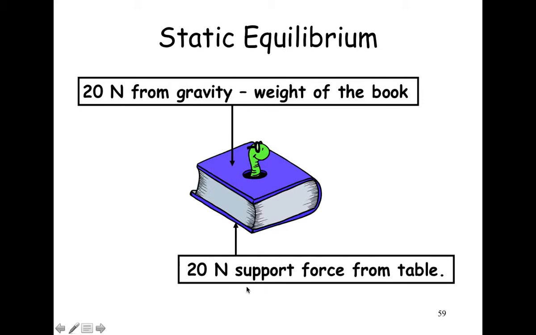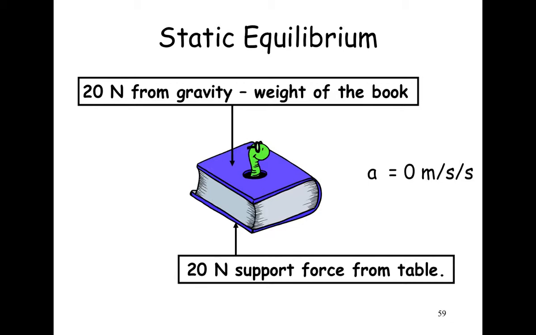But if it's sitting on a table, it's not moving, and that's because the table is providing 20 newtons of force in the opposite direction, and so those two forces cancel each other out, and the book doesn't move in either direction. Your chair does that when you sit in it, the floor does that when you stand on it. So these are equal forces in opposite directions, and my acceleration here is zero.